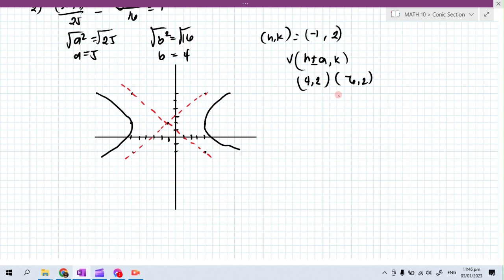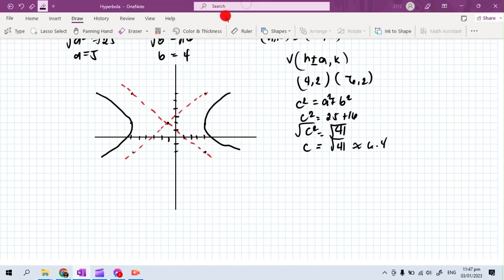Okay. Now we need to find our foci. To find the foci, we use the formula c squared equals a squared plus b squared. So c squared is equals to 25 plus 16. C squared is equals to 41. C is equals to square root of 41, or approximately around 6.4.